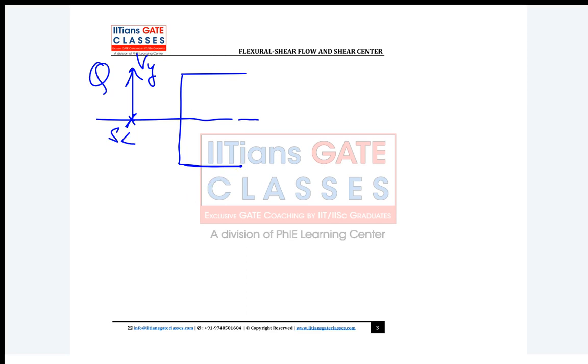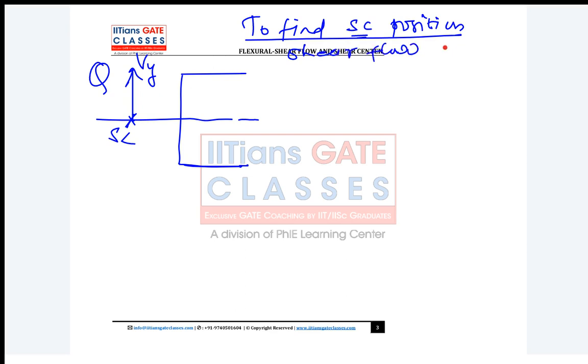Now guys, to find shear center position, what first you need? You need first shear flow distribution. Once you know this shear flow distribution, then you need to take moment equivalence.